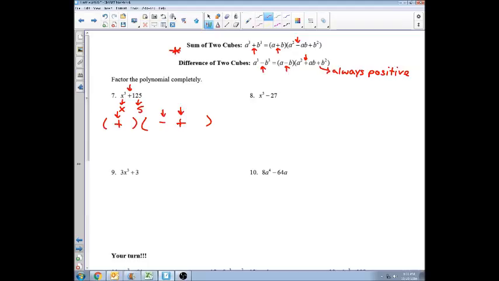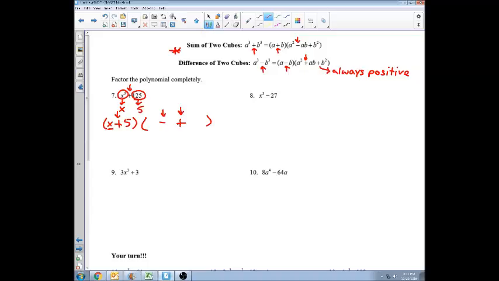So now what I do is I'm going to take, for the first blank, the cube root of a. Well, a is my first term. So x is the cube root of x to the third. Then it'll be the cube root of b. My b is my second term. So 5 is the cube root of 125.